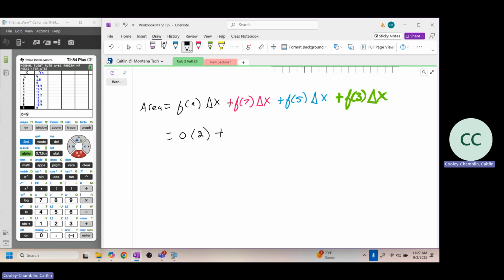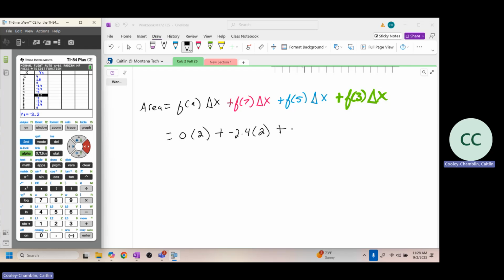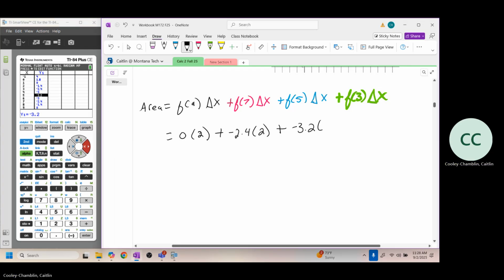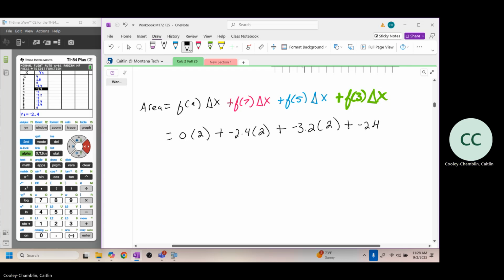And then at 7, my curve is at negative 2.4 times 2, plus at 5, I get negative 3.2 times 2. And then at 3, my curve is at negative 2.4 times 2.